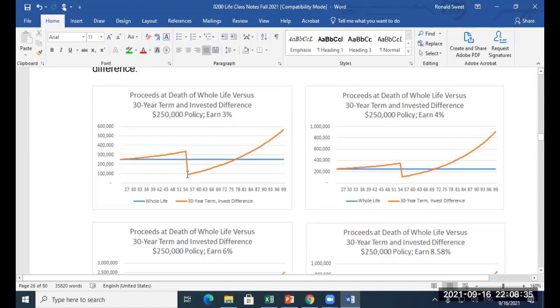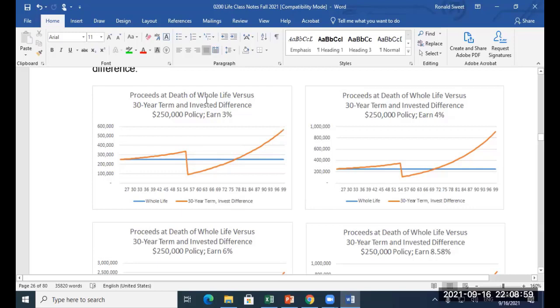He knows it's going to drop off down to 100,000. So if he dies here, he would have been better off with the whole life because his estate would have gotten 250. But there is a point where, if he bought term and invested the difference, he would have actually been better off. So if he dies at 99, he's much better off having bought the term.